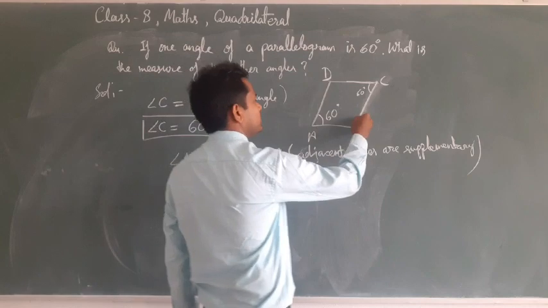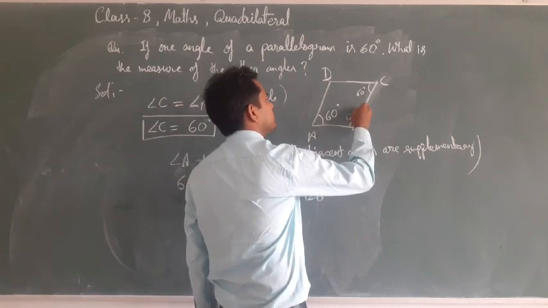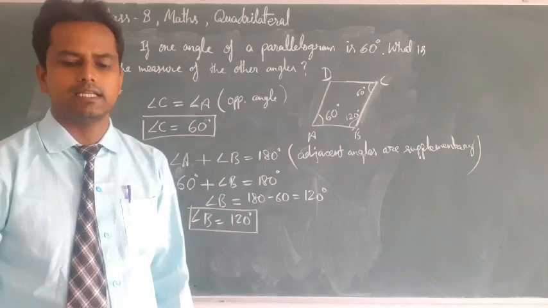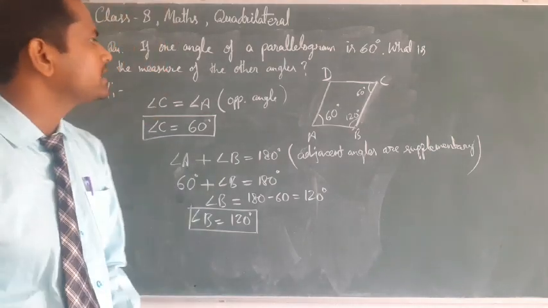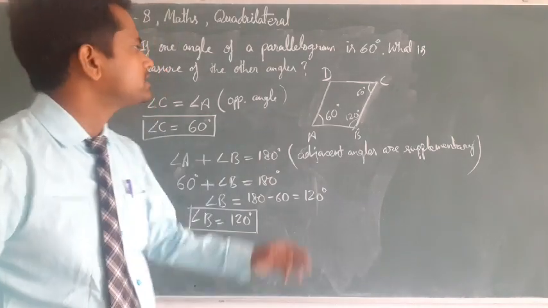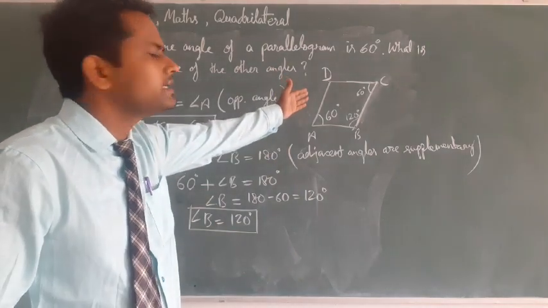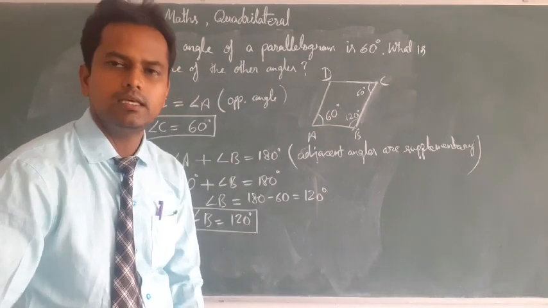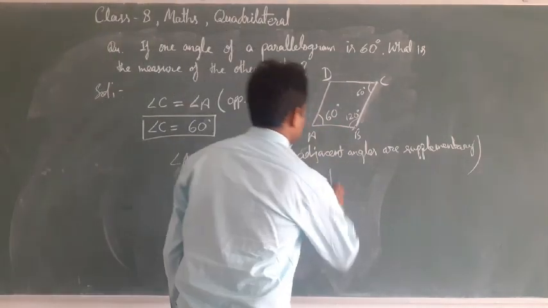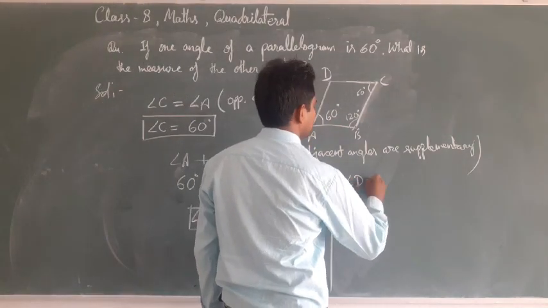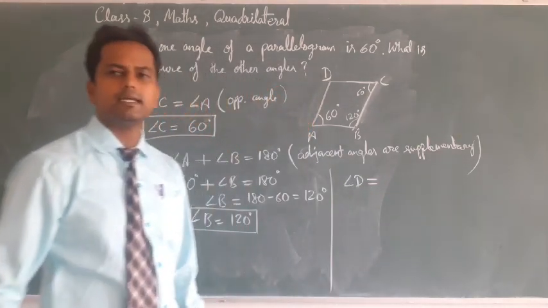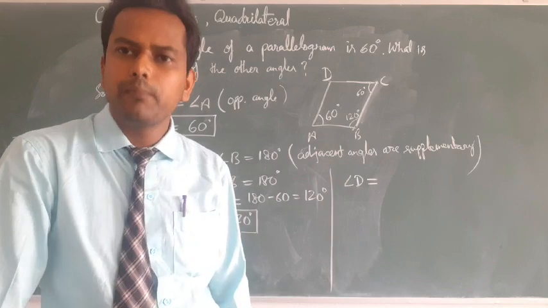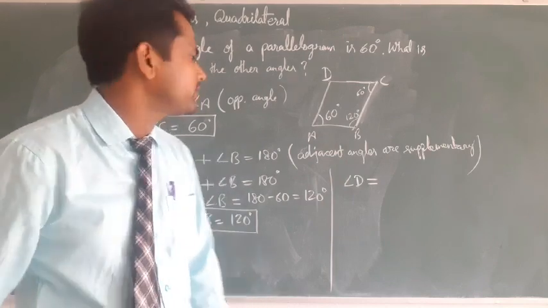So the value of angle B is 120 degrees. So what about angle D? Clearly it is shown that angle D is the opposite angle of angle B. In a parallelogram, opposite angles are equal. We know that very well.